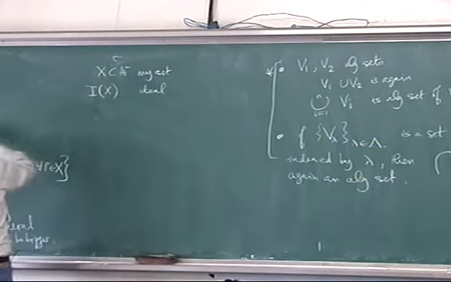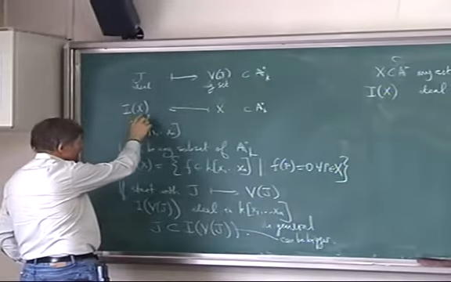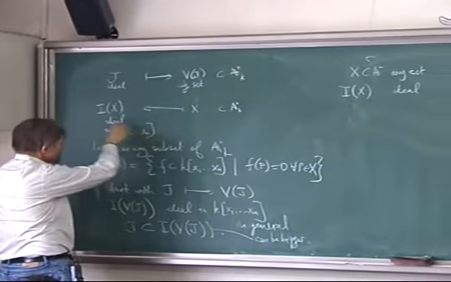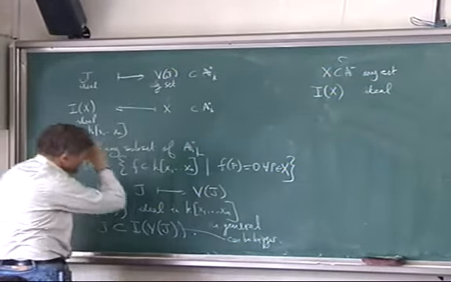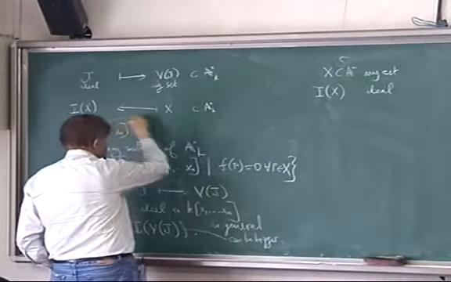This is an ideal for the obvious reason that if F and G both vanish on X, then any linear combination of F and G with coefficients in the ring does too.